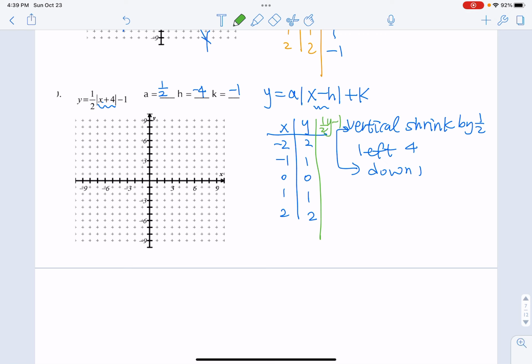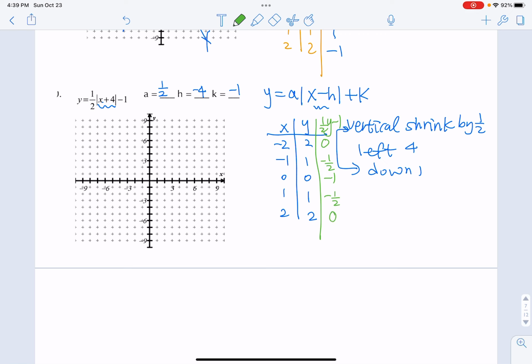So half of 2 will be 1, minus 1, 0. Half of 1, minus 1, so -1/2. And 0 minus 1, -1. 1/2 times 1, which is 1/2 minus 1, will be -1/2. 2 times 1/2 will be 1, and 1 minus 1 will be 0.